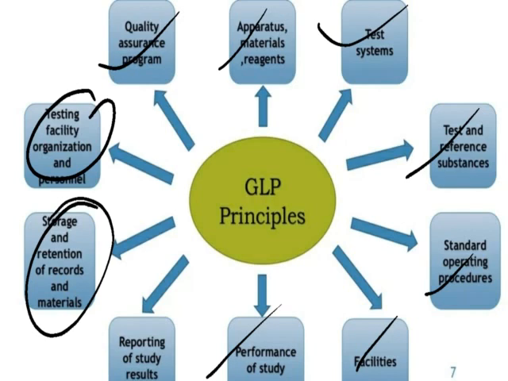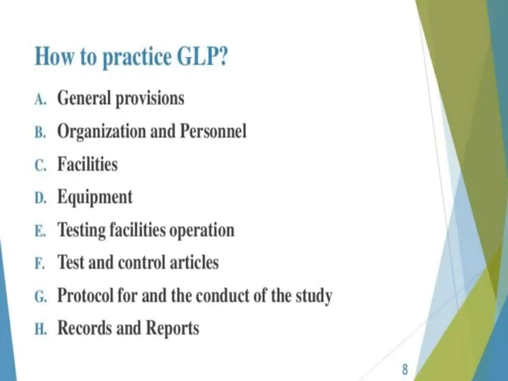Then we have seen some principles and objectives of GLP. Now the next part, how to practice the GLP. These are the 8 things through which you can practice good laboratory practices. One, general provision.